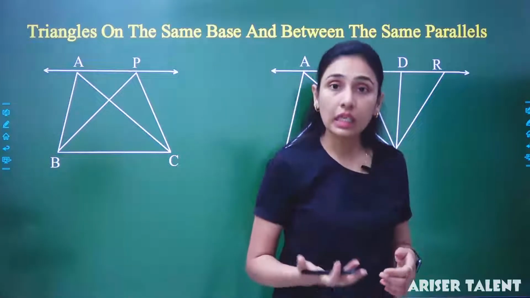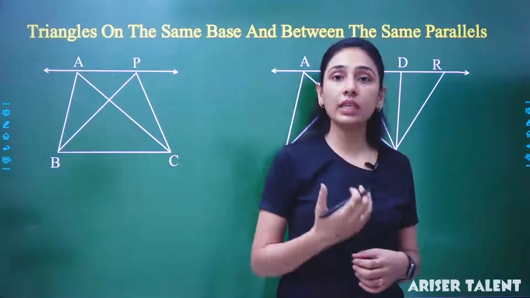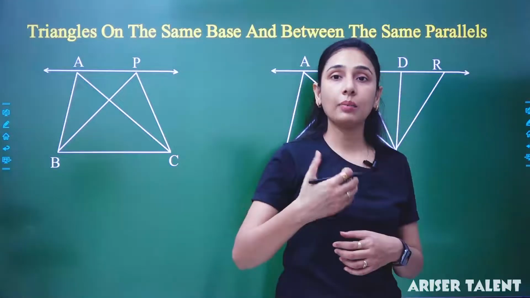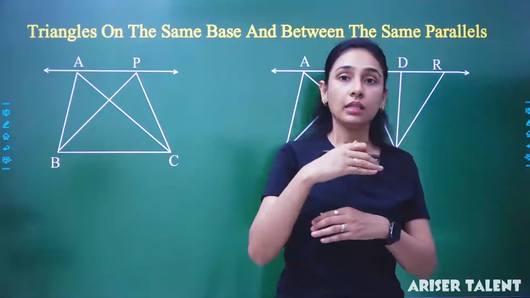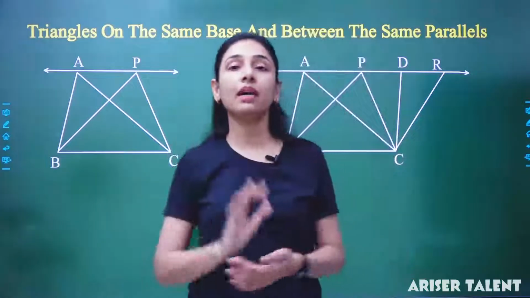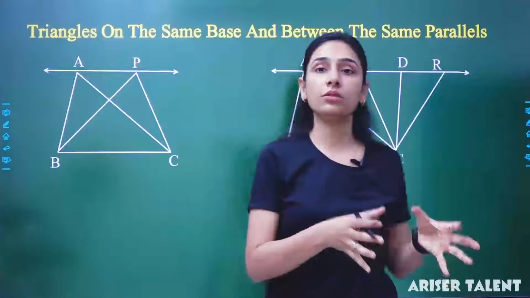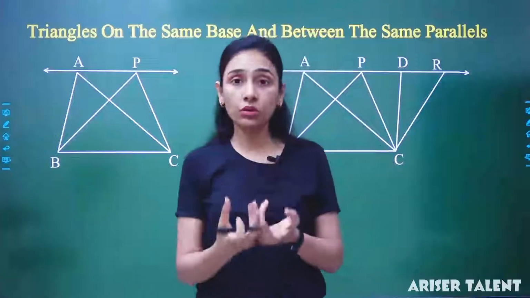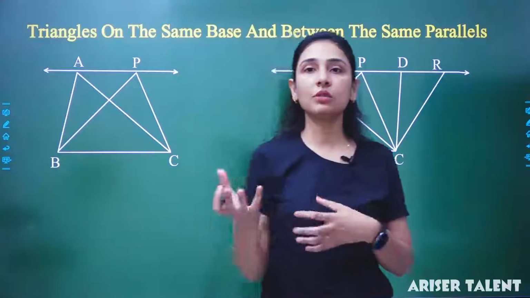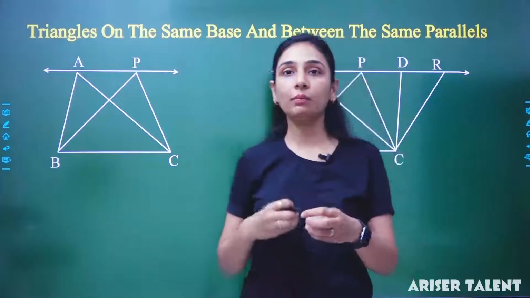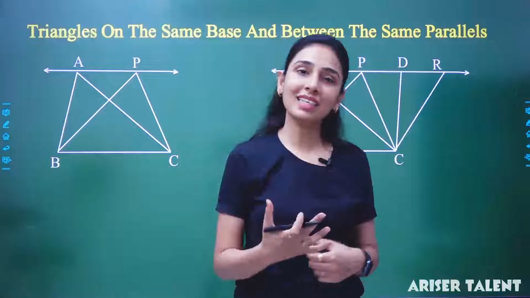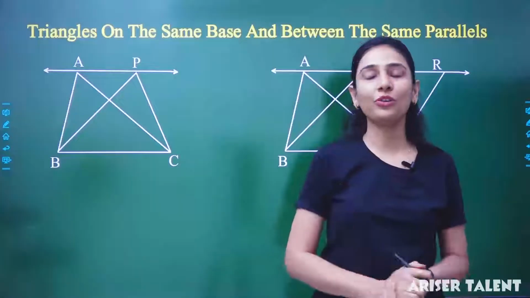Similarly, in this we will learn what happens when the base is the same and the triangles are between the same parallels, with the same base or equal bases. In both cases, what is the relation between the two triangles formed? We will meet this topic in our next lecture. This is all for today. Thank you.